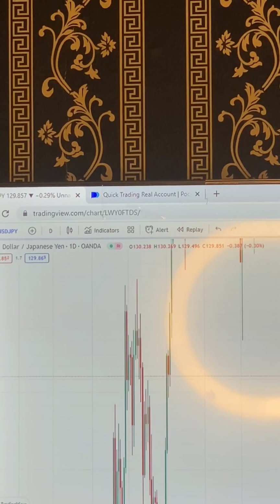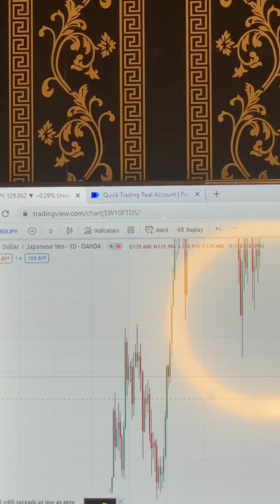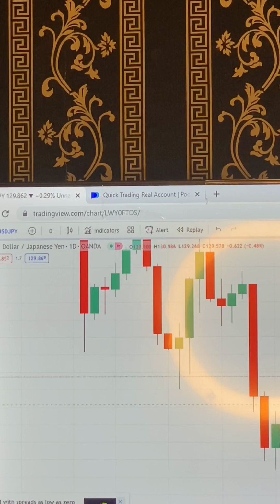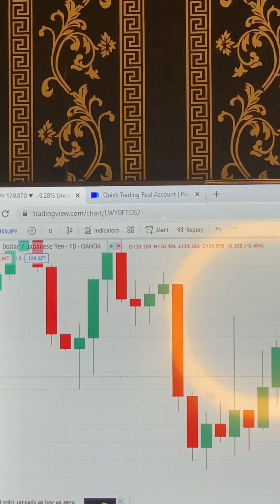According to the definition, time frames are different time sections under which each candle is formed. That means this candle right now took one full day, that's 24 hours, to form. This red candle also took 24 hours to form completely.